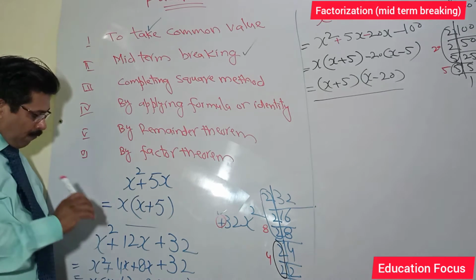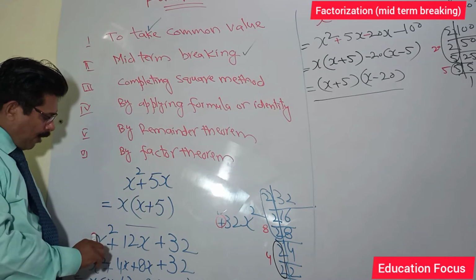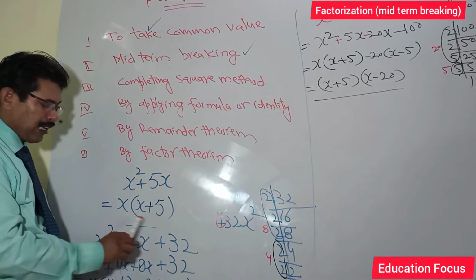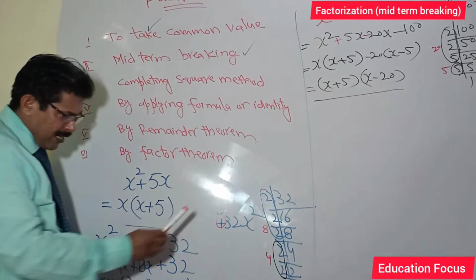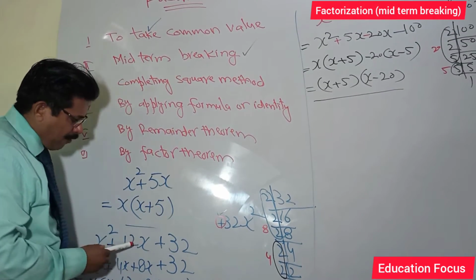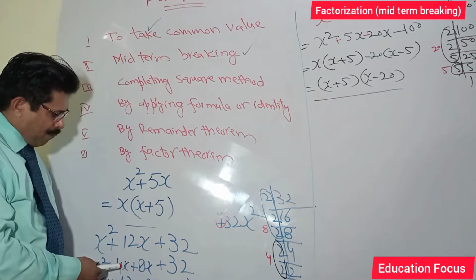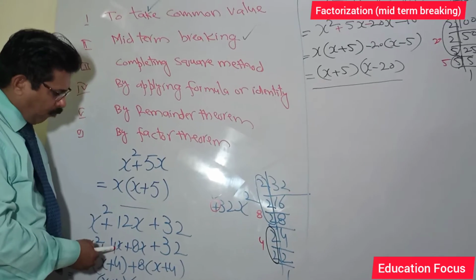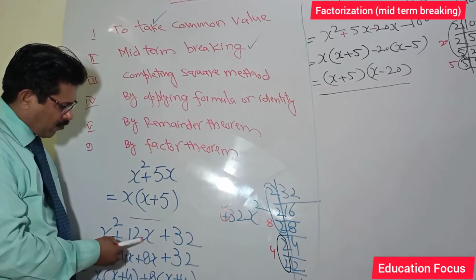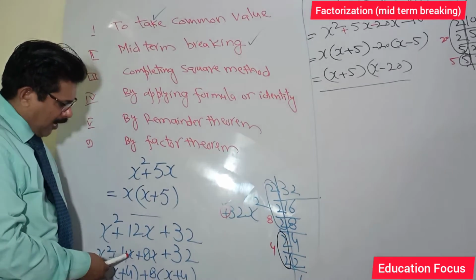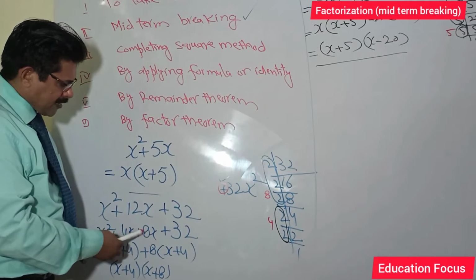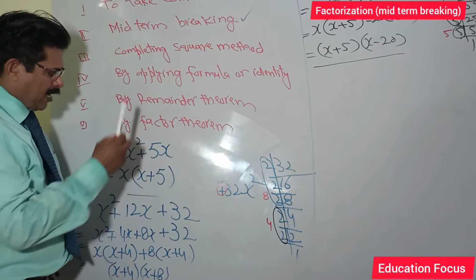When we multiply the first value with the last value, if the sign is positive, after mid value breaking these 2 portions will be added. By adding these 2 portions, 4x with 8x, the answer is 12x. When I multiply 4x with 8x, the answer is plus 32x squared.